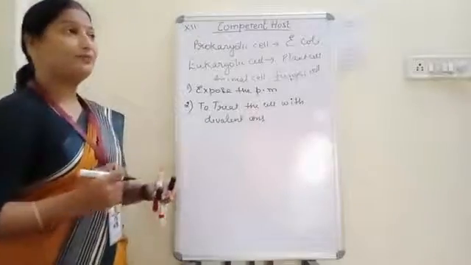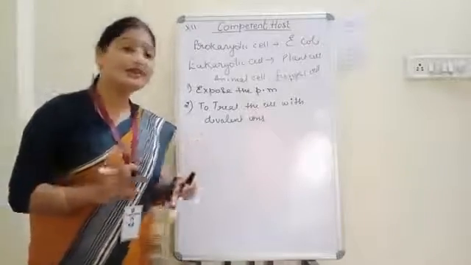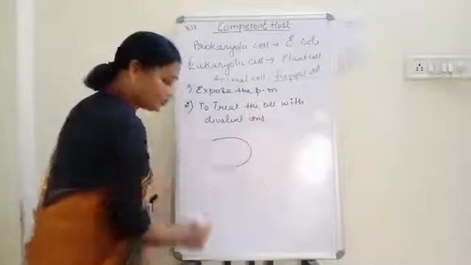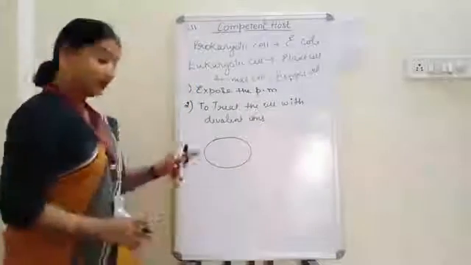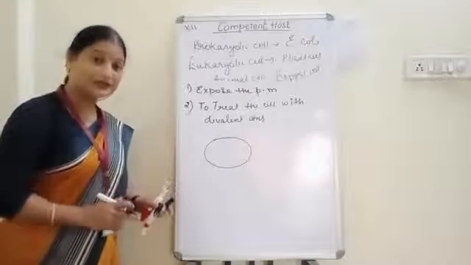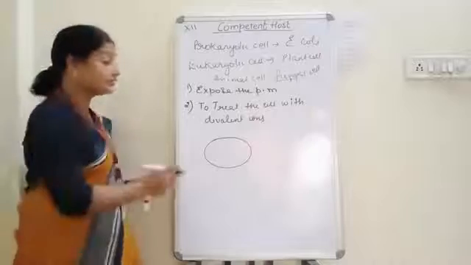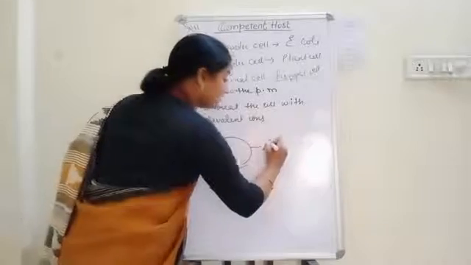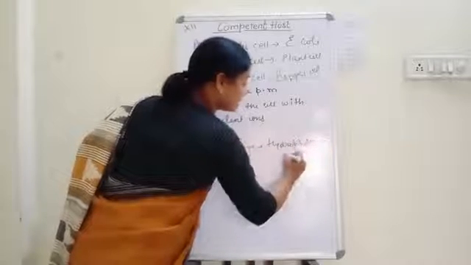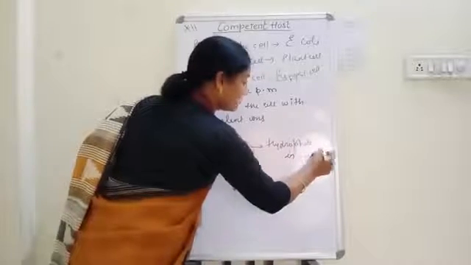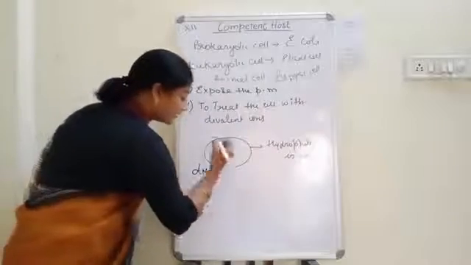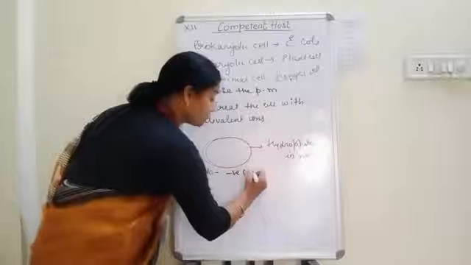Now see, we have already studied in class 11 that our cell membrane is made up of phospholipids and proteins, and this is the reason that our cell membrane is hydrophobic in nature. And children, our DNA is a negatively charged particle.